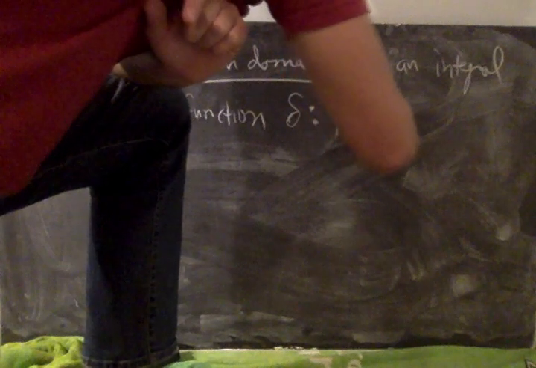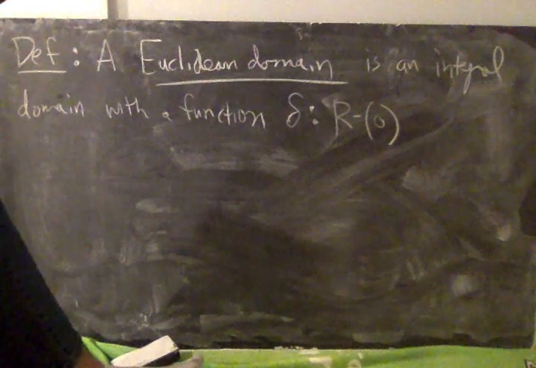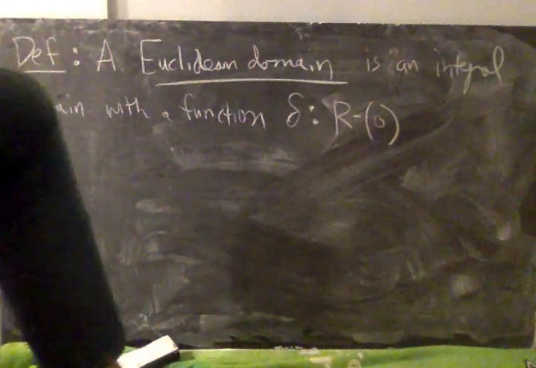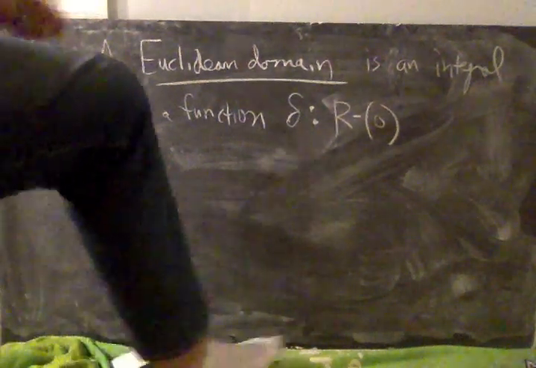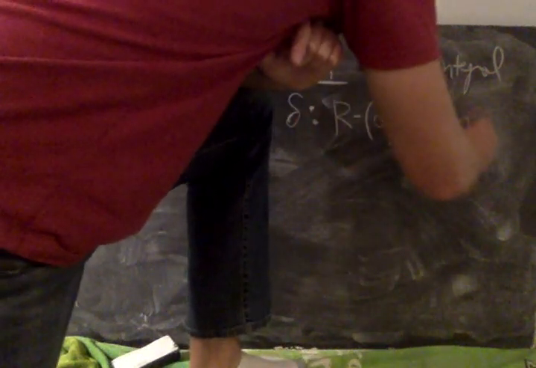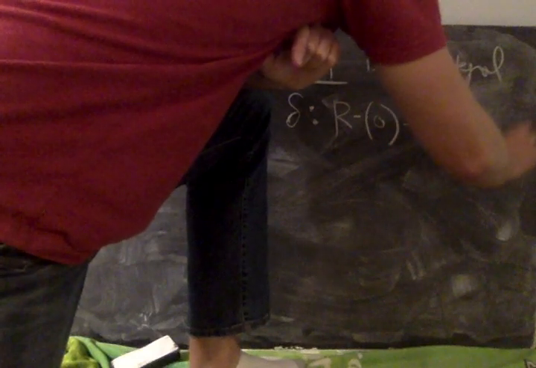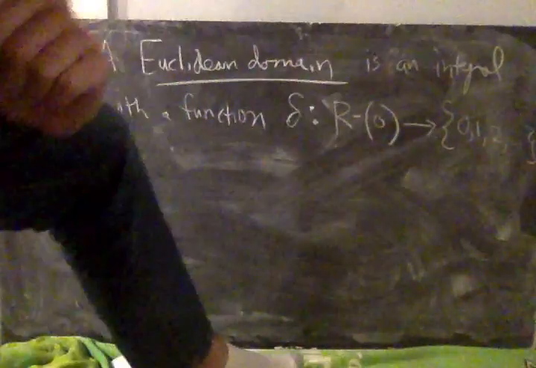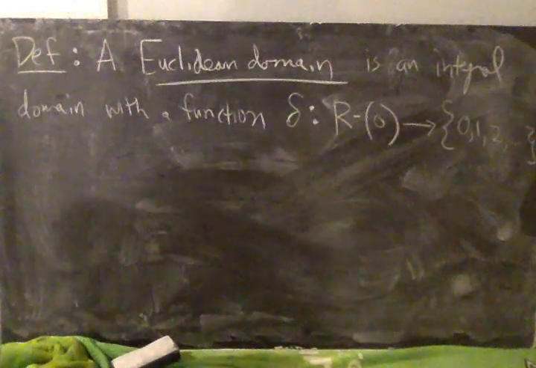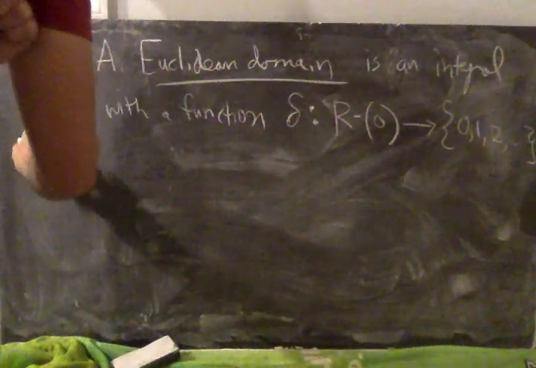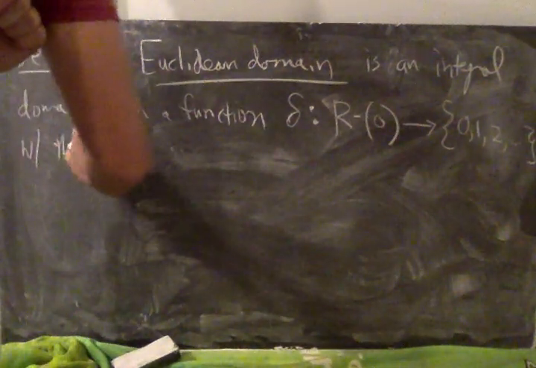So this function is defined on everything in the ring that's not the zero element. I'm just leaving out the ideal generated by zero there. And that function takes values in the non-negative integers, so 0, 1, 2, etc. So you have this function with the following properties.